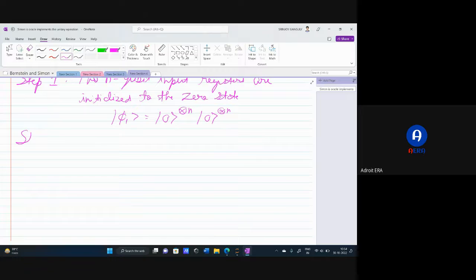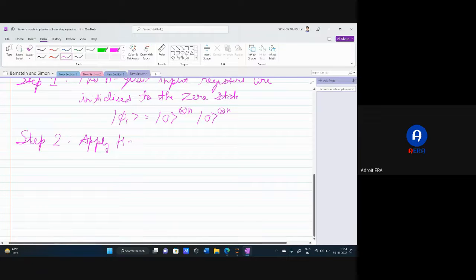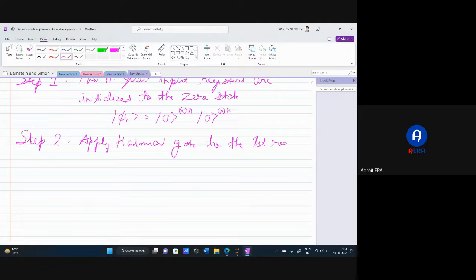Now step 2, apply Hadamard gate to the first register.